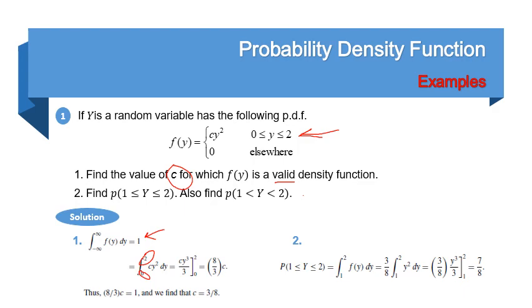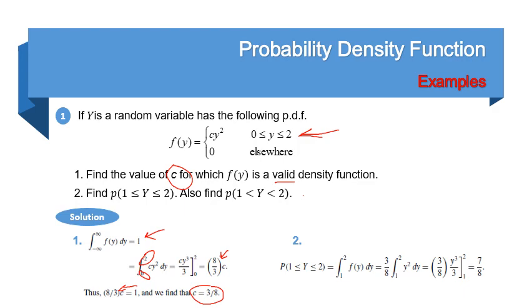So we get the value, as you see here, which is 8 over 3 c. Now, if we equate this with 1, we get c equal 3 over 8.